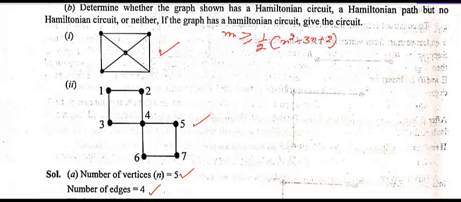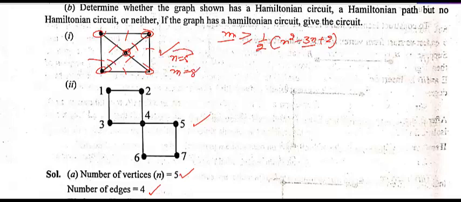Okay, what is n? n is the number of vertices and m is the number of edges. So how many vertices are there? 1, 2, 3, 4, 5. So n is equal to 5. What is m, the number of edges? 1, 2, 3, 4, 5, 6, 7, 8.